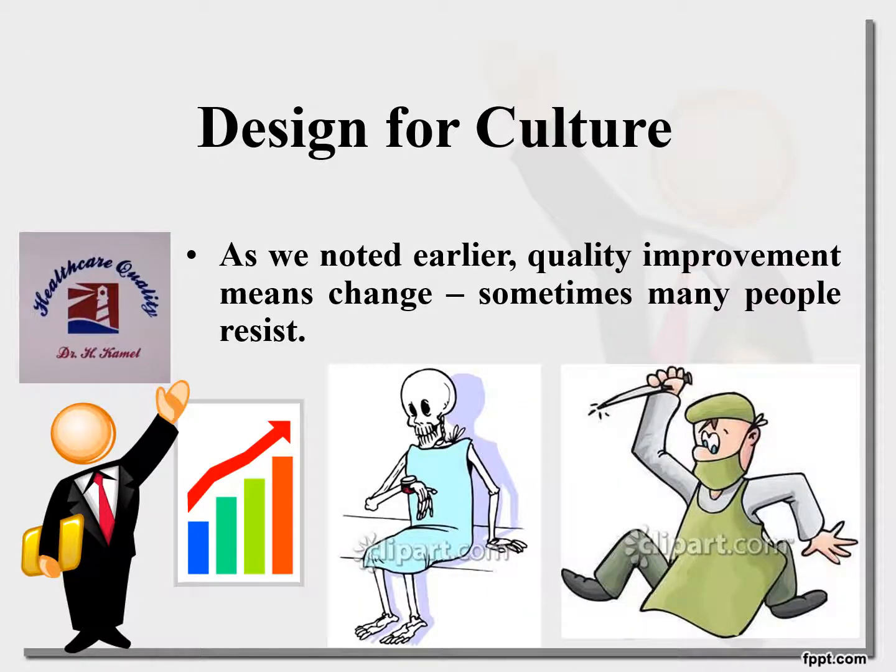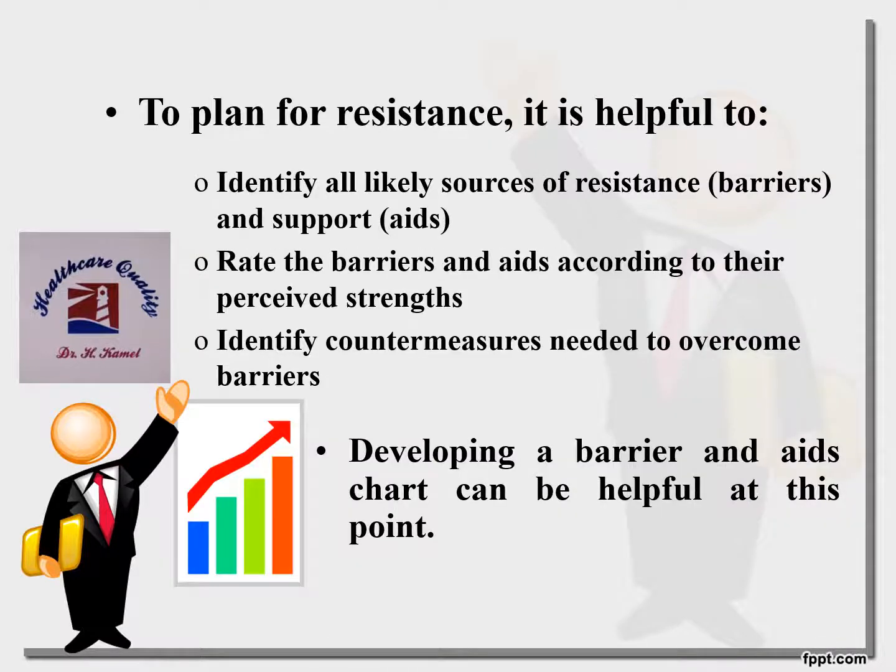Design for culture. As we noted earlier, quality improvement means change. Sometimes many people resist. To plan for resistance, it's helpful to identify all likely sources of resistance, called barriers, and support, called aids.